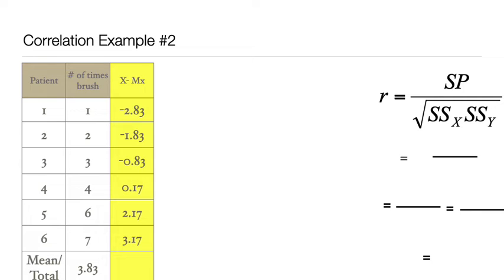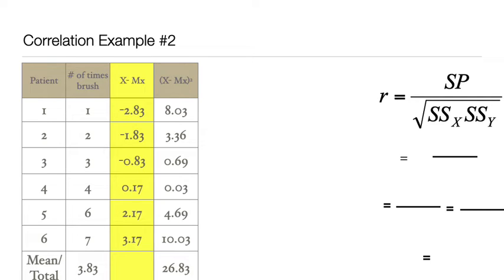We take 1 minus 3.83, that gives us negative 2.83, 2 minus 3.83 gives us negative 1.83, etc. We will then square each of those values. So our negative 2.83 squared is 8.03, our negative 0.17 squared is 0.03, our positive 3.17 squared is 10.03. And we add all 6 of those scores together and we have our sums of squared for x.